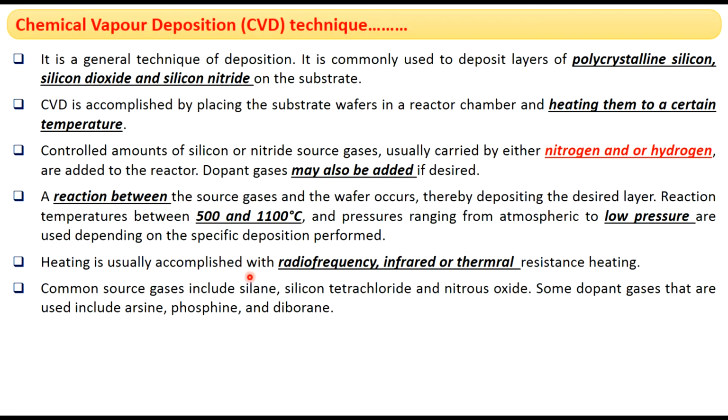Heating is usually done with radio waves or with infrared radiation, or sometimes thermal resistance heating is also done. Commonly used source gases are silane, silicon tetrachloride, and nitrous oxide. Commonly used dopant gases are arsine, phosphine, diborane, etc.